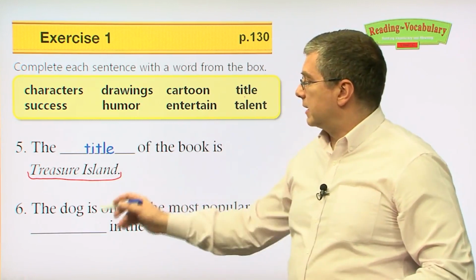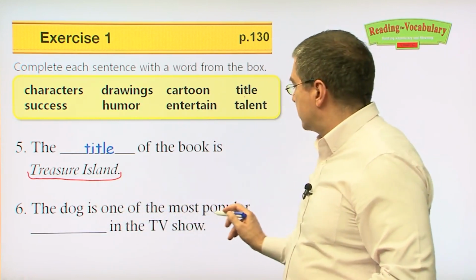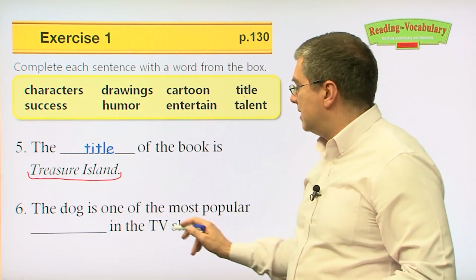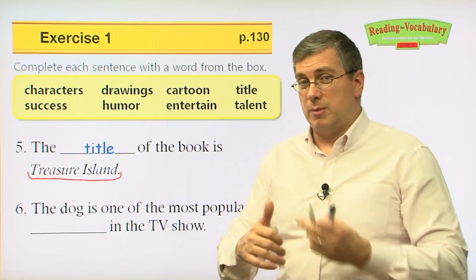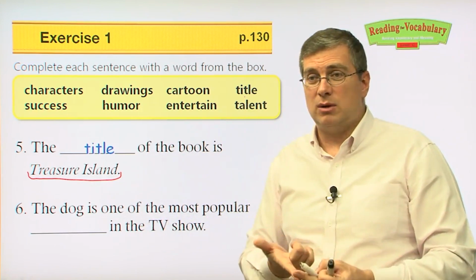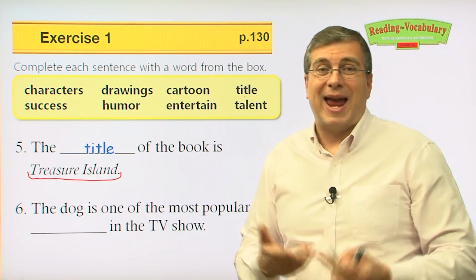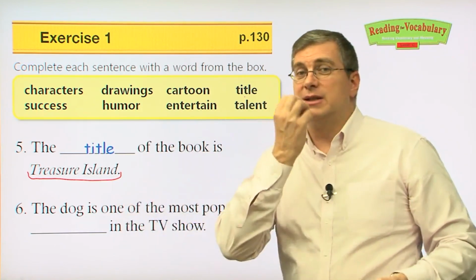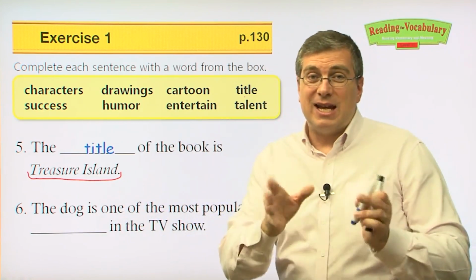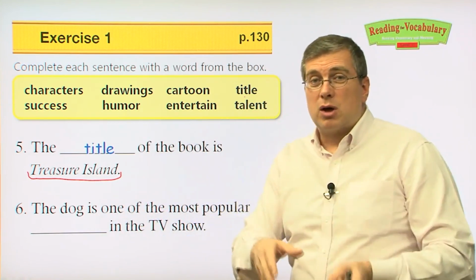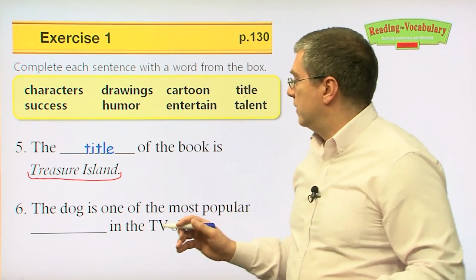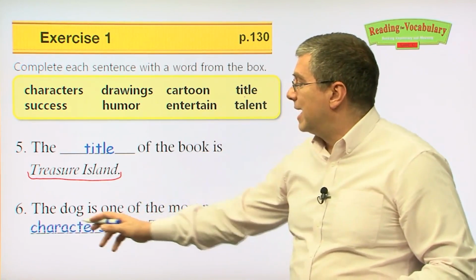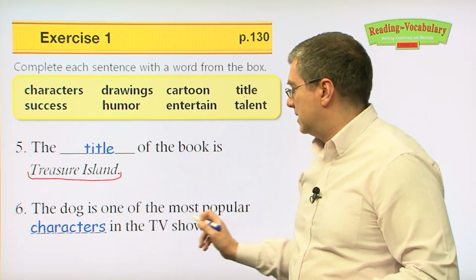Okay? 6. The dog is one of the most popular beep in the TV show. Remember, when we learned this word, we saw that it could be a person, it could be an animal, it could be almost anything, really. Anything that moves, acts, says something in a story, a book, a movie. There are many different what in a movie. The dog is one of the most popular characters in the TV show.